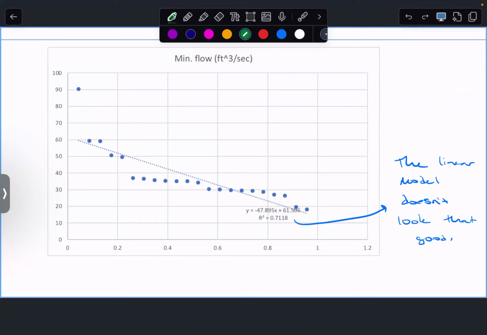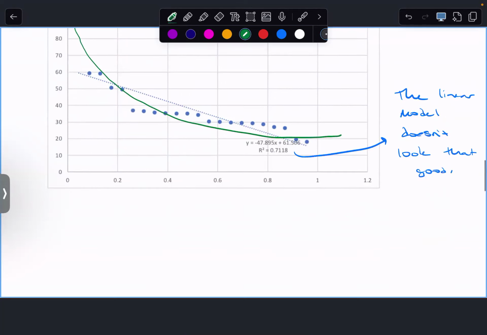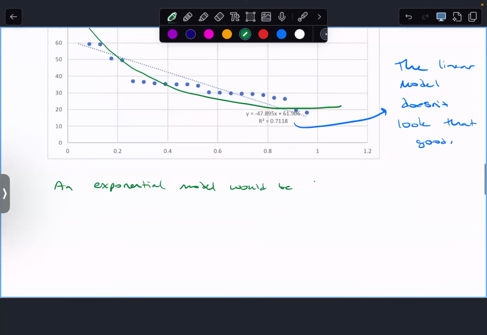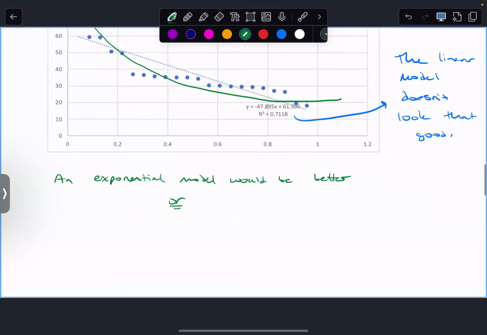Okay, let's see here. An exponential model would be better. Or we can take the log of y.